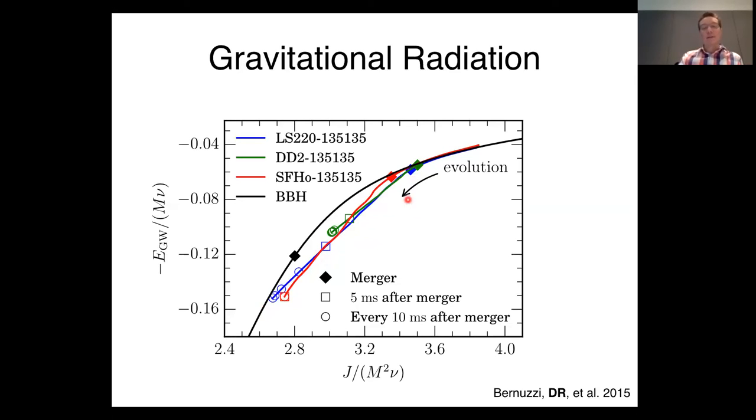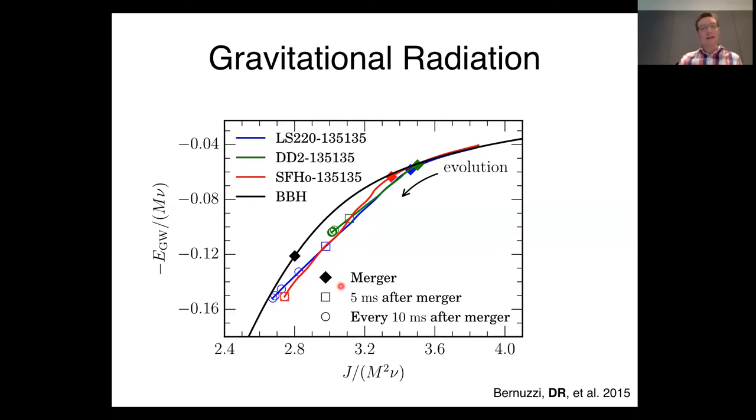And secondly, if you look at how much the binary loses in energy and angular momentum after 5 milliseconds, these squares, after 10 or 20 and so on, these circles, you see that it loses most of its energy within 10 milliseconds, and that the energy it emits in 10 milliseconds after merger is a factor of a few larger than the entire energy it emitted during the whole inspiral. So over the whole inspiral, it emits about 4% of its energy. And then in the last 10 milliseconds, it emits a factor 2 or more.